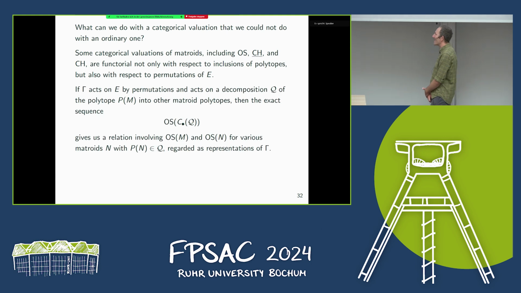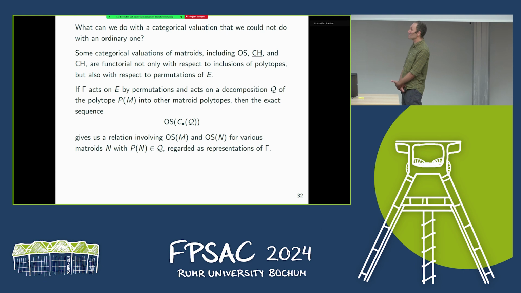So if I have a finite group that acts on my ground set by permutations and acts on a decomposition of a polytope into other matroid polytopes, then this exact sequence that comes from when I apply the Ehrlich-Solomon algebra gives some relation involving the Ehrlich-Solomon algebra and the Ehrlich-Solomon algebra of the various other matroids appearing in the decomposition, all regarded as representations of my automorphism group.